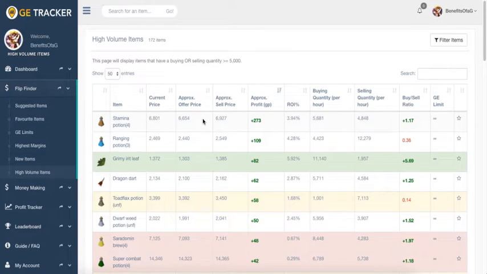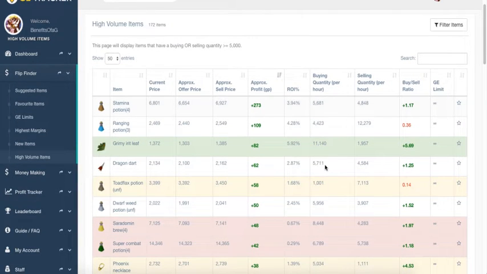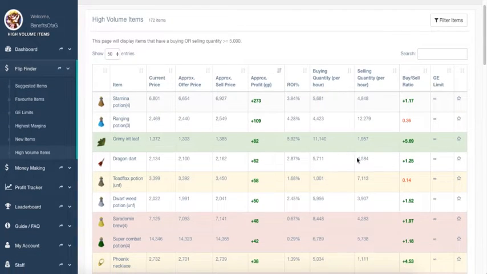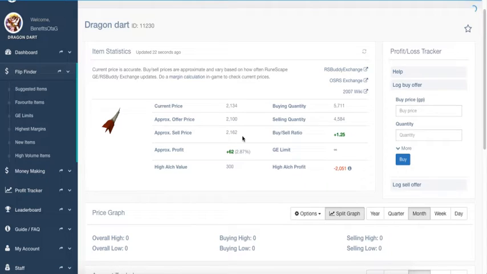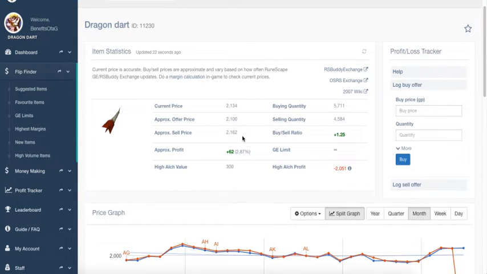So let's click on this again, and then a Dragon Dart. Okay, so it looks like there's more people buying this than selling it, and this is showing a decent profit. Earlier, I saw you guys talking in chat where this was having a 300 GP margin.